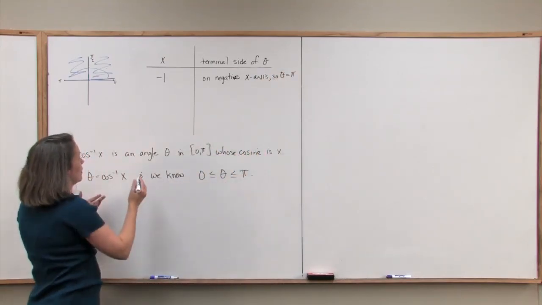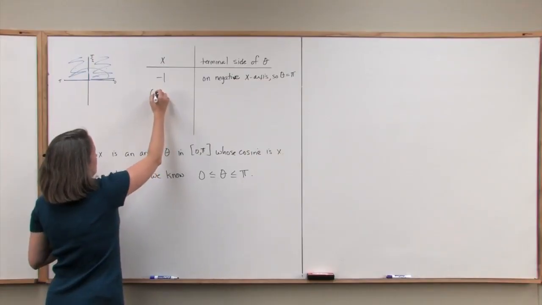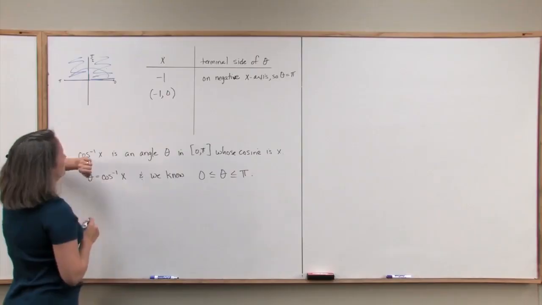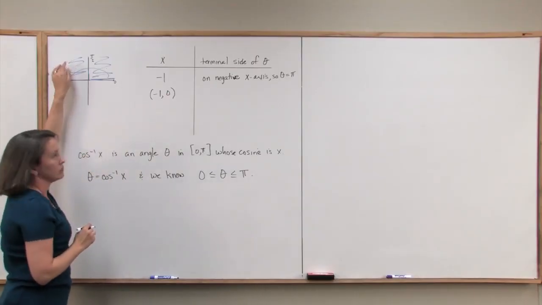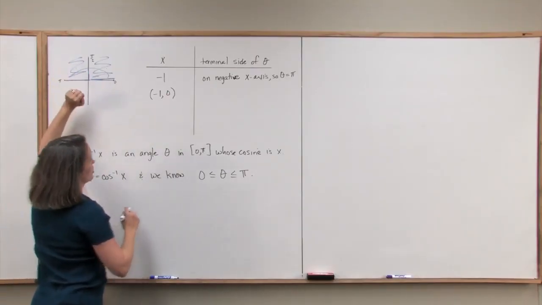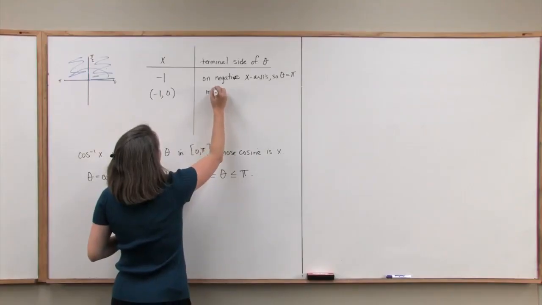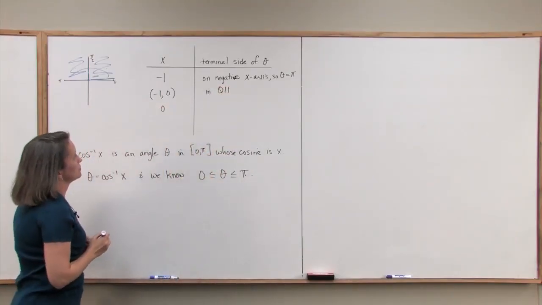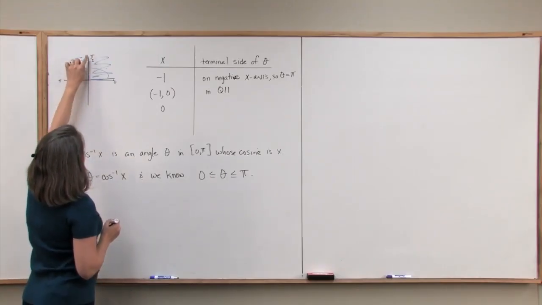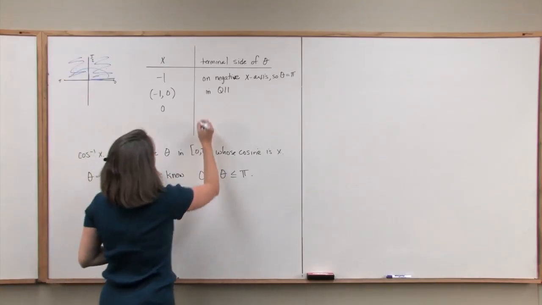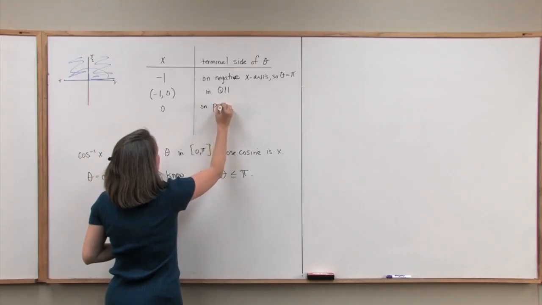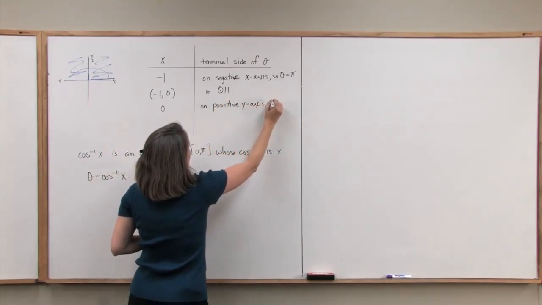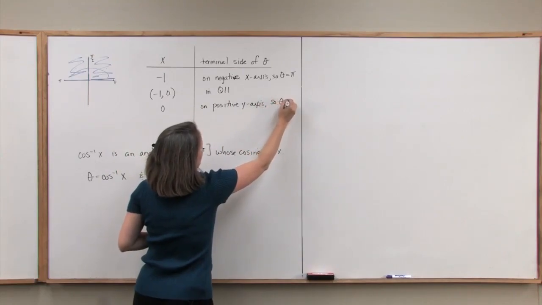X can be something between negative 1 and 0. That's a negative number, which means the terminal side will lie in quadrant 2. X could be 0, in which case the terminal side lies on the positive y-axis, and so the angle theta is pi over 2.